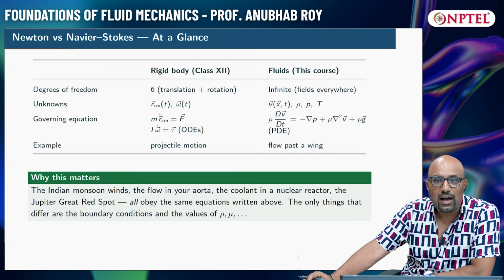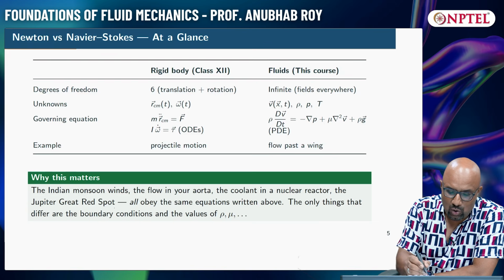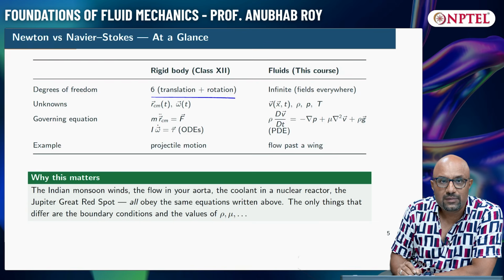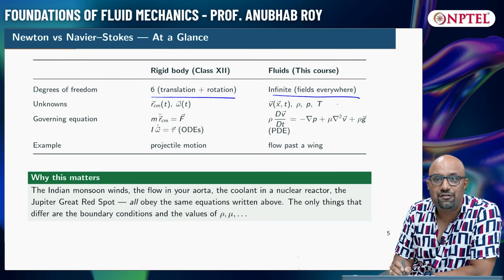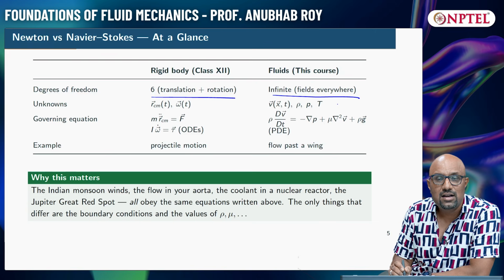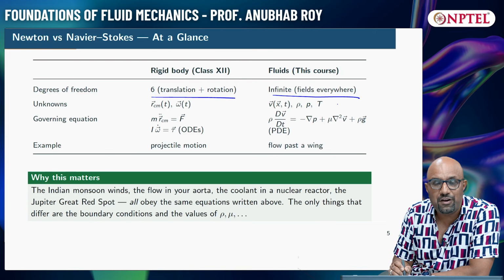So, as a recap, in your rigid body Newtonian mechanics, you had 6 degrees of freedom, translation and rotation. Now you have infinite degrees of freedom because you are describing quantities which are fields. So you have them described at every point in space.